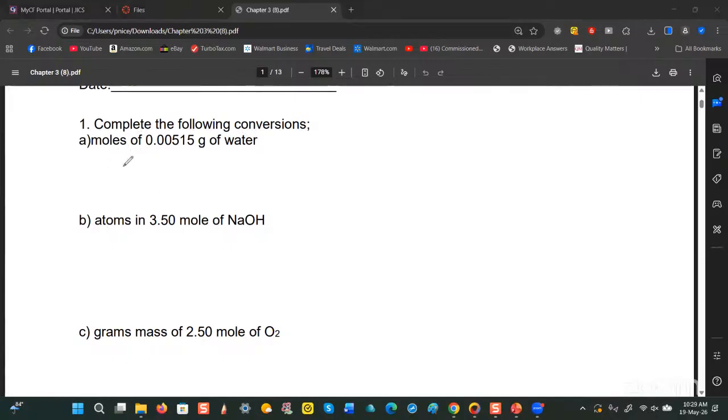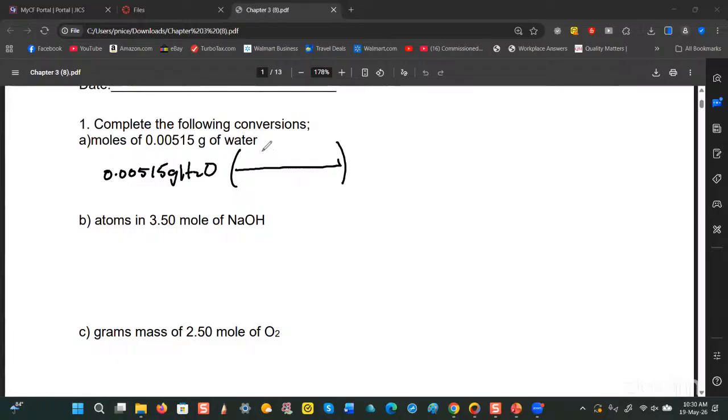And in this case, for the first one, you're going from grams of water, which is 0.00515 grams of H2O, and they're asking for you to convert it to moles, right? So my question to you is, what do you think you should multiply the given mass in grams? What should be the conversion factor that you multiply that by? In other words, what would be the numerator and what would be the denominator in this conversion factor right here? What should go up top?